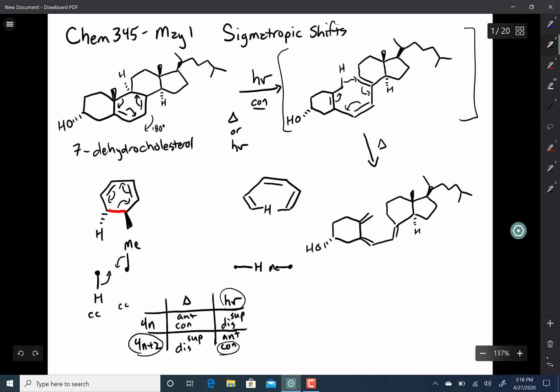And you get this molecule here. Just making sure all my bonds are correct.